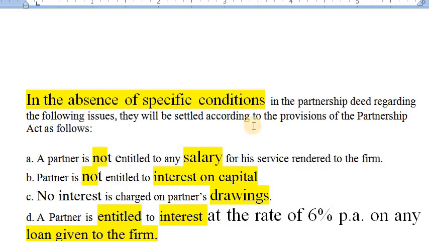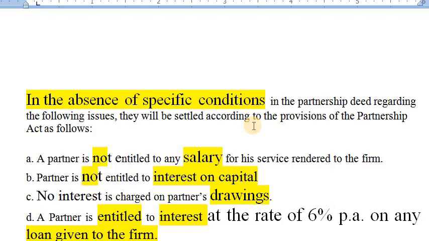Interest on capital, not mentioned, no interest. Interest on drawings, not mentioned, no interest. So, if the agreement is silent, the decision is negative. No is the decision.